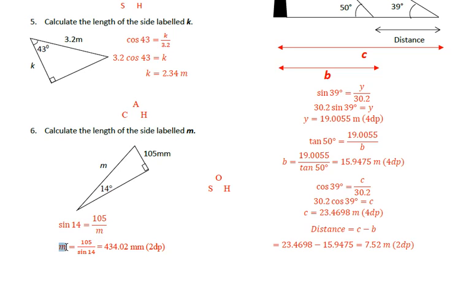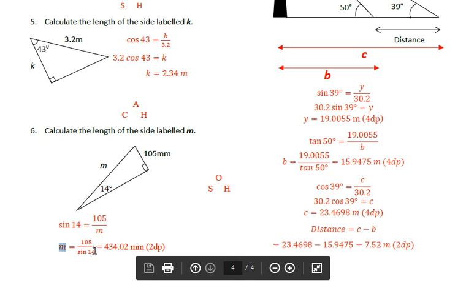And then you've got simply the m value. So now we can put 105 over sine 14 into the calculator, and you should end up with 434.02 millimeters.